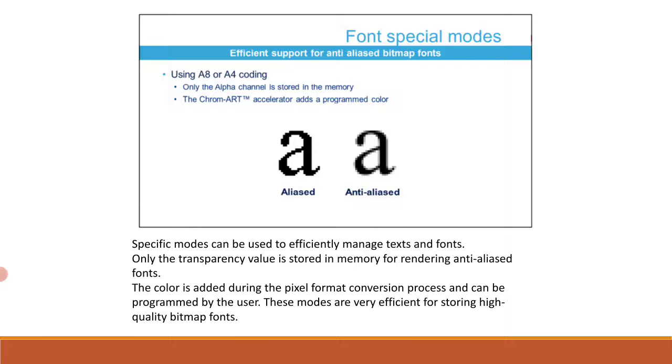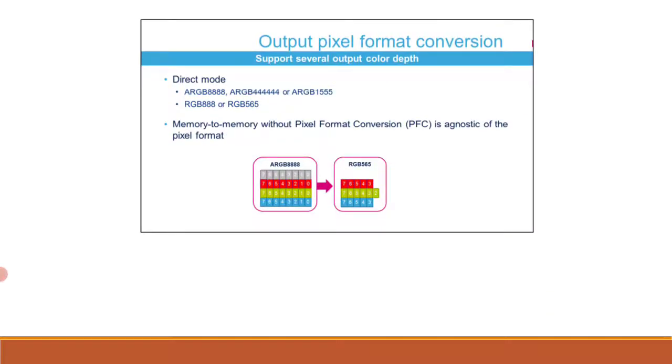Output pixel format conversion is another topic where the converter generates the color for the destination independently from the source. There is no direct mode in output, as this would imply calculating a color lookup table, CLUT, which we discussed earlier in our previous sessions.